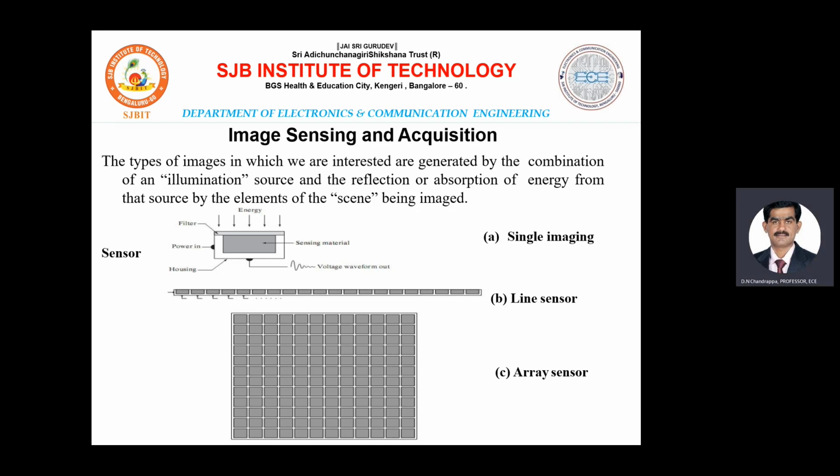The images in which we are interested are generated by the combination of illumination and reflection. Illumination is nothing but light, a source of energy, and the reflections are the observation of energy from the source by the element of the scene being imaged.